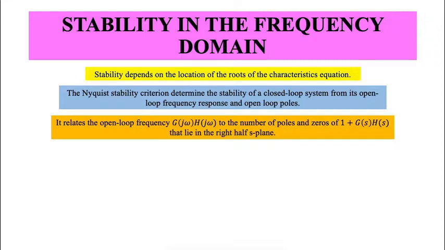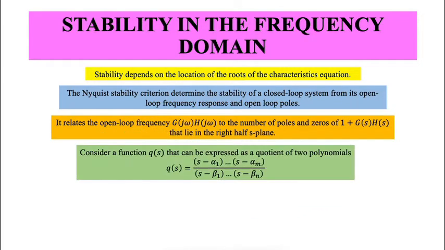That is what Nyquist will tell us very shortly. So the Nyquist plot relates the open loop transfer function, the open loop frequency response, to the number of poles and zeros that lie in the right half S plane of the characteristic equation. Now we will see how we arrive at this.